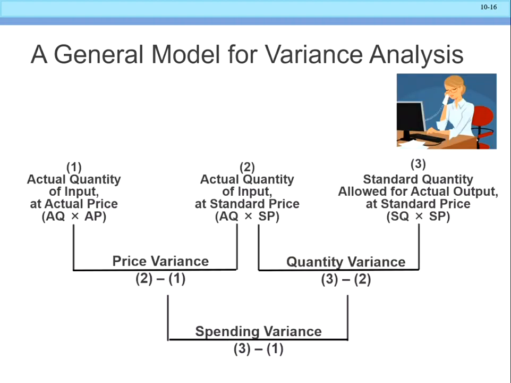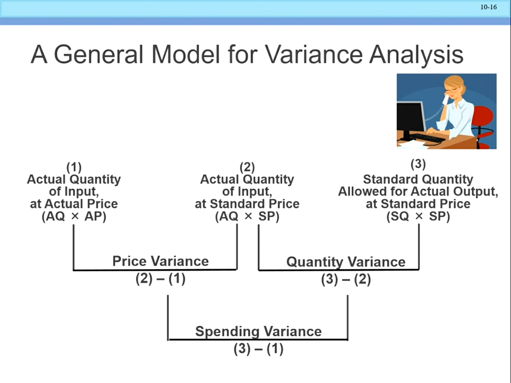Okay, so for the price variance, we take the actual quantity of input at the actual price. Then we also get the actual quantity of input at standard price. When we take actual quantity at the budgeted price, what we are doing there is flexing.